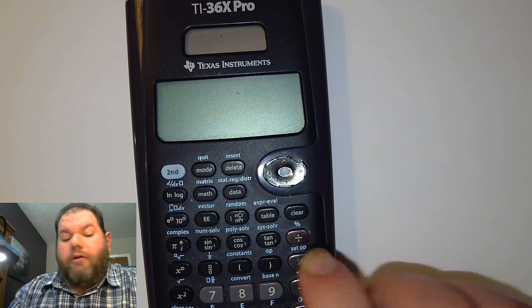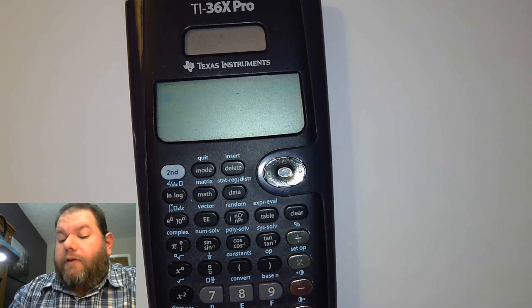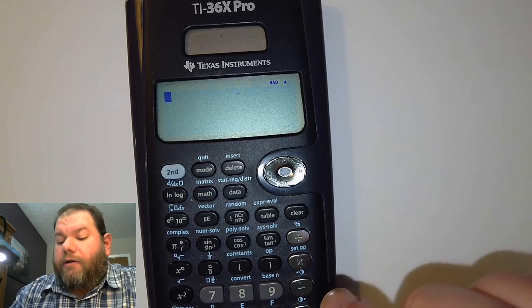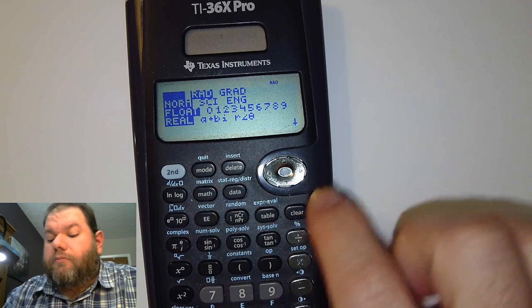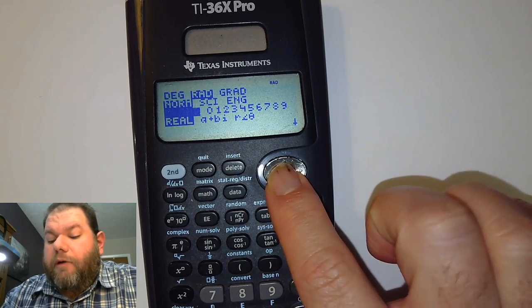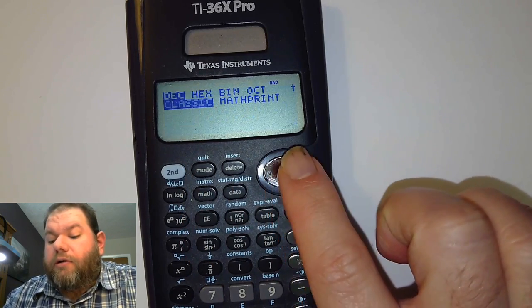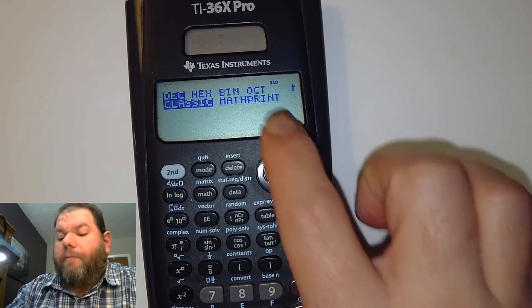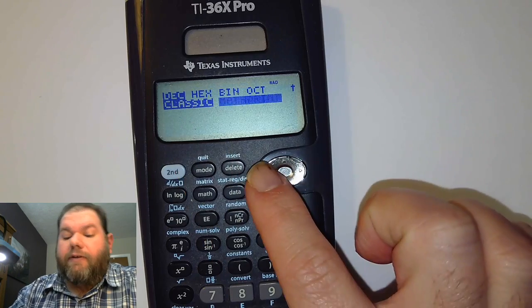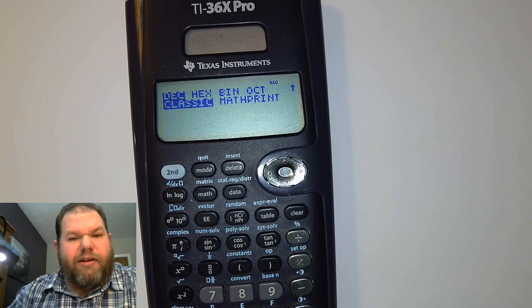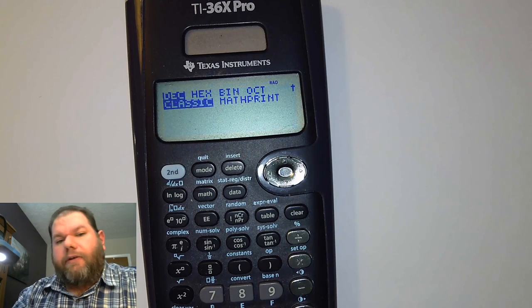Yeah. What you need to do in that case, and this is on my TI, if you have some kind of mode function, it might be that you're set on math print and you need to be on classic. This is on the TI. Maybe slightly different on the Casio.